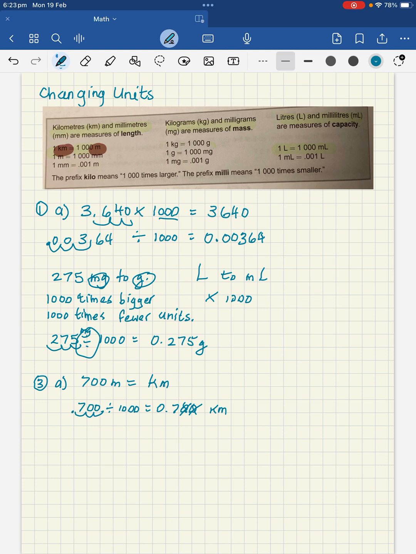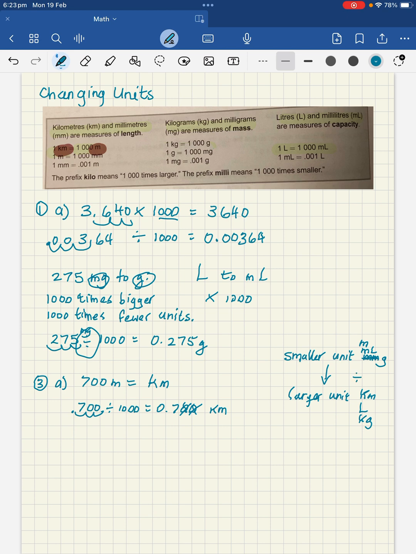Okay, so try and do that from A to O, and see if you can figure out which direction you're going. So if you're going from a smaller measurement, smaller unit, like millimeters or milliliters or meters, and you're going to a larger unit like kilometers or liters or grams to kilograms, then you're going to divide by the number.